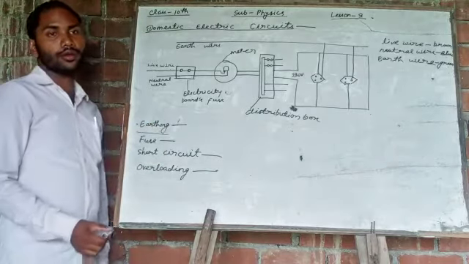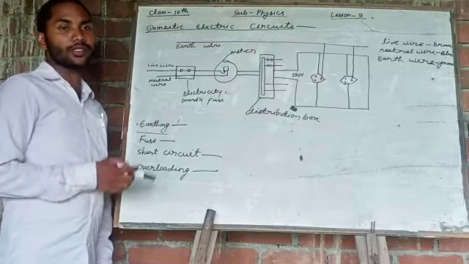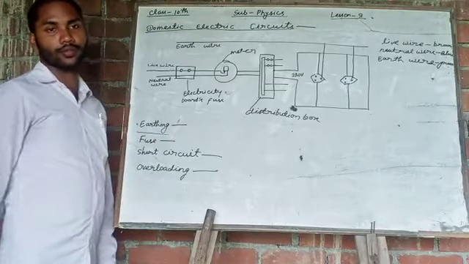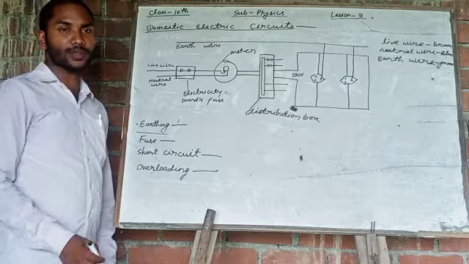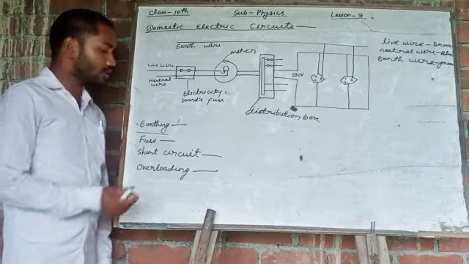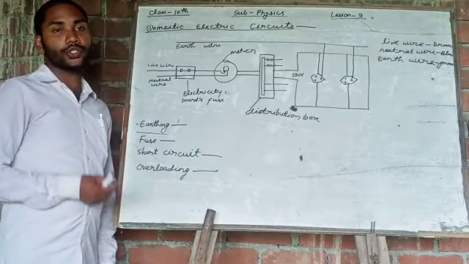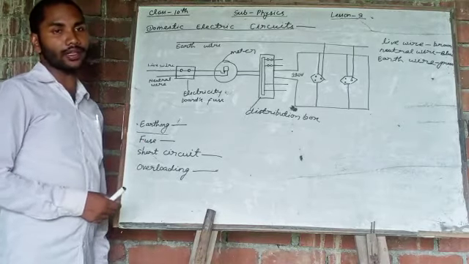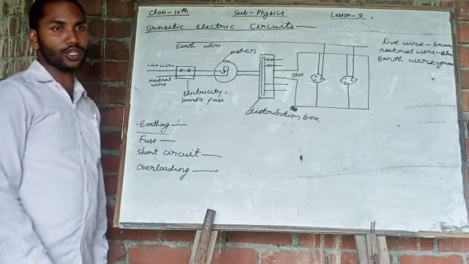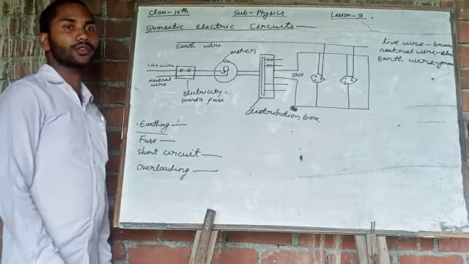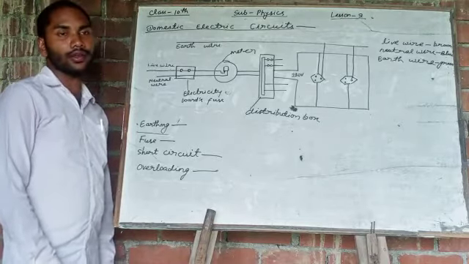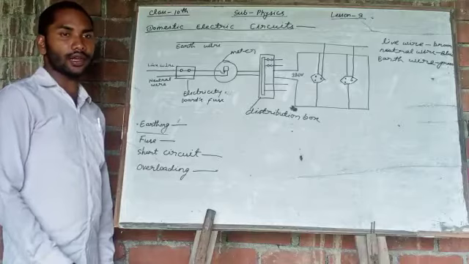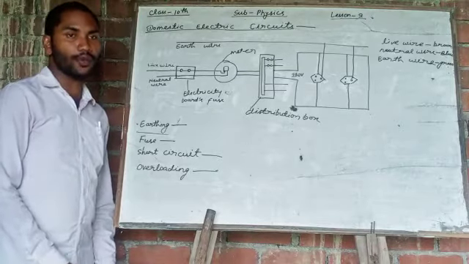Earthing brings the current into the earth, and as earth provides zero resistance, the current will flow very high in the circuit. Due to this, the temperature will rise in the circuit and the fuse will melt.